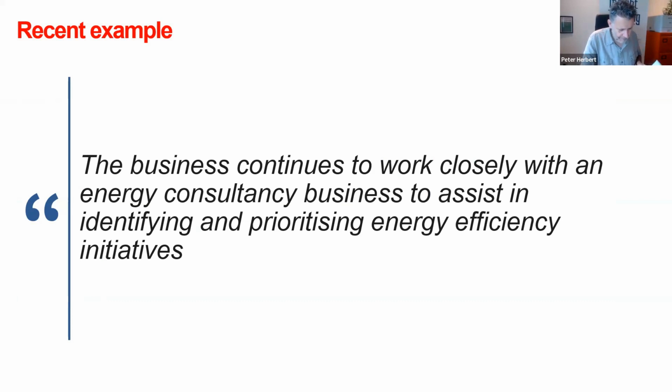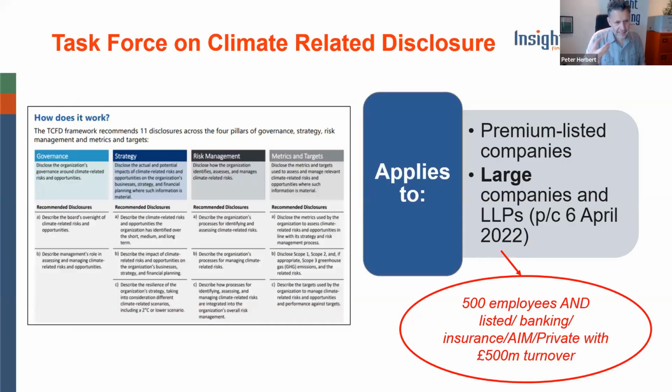Okay, so that's a bit on streamlined energy and carbon reporting. Also to mention, we have got this thing called TCFD disclosure. So the TCFD framework, Task Force on Climate Related Disclosure. This is a requirement for larger corporates still.